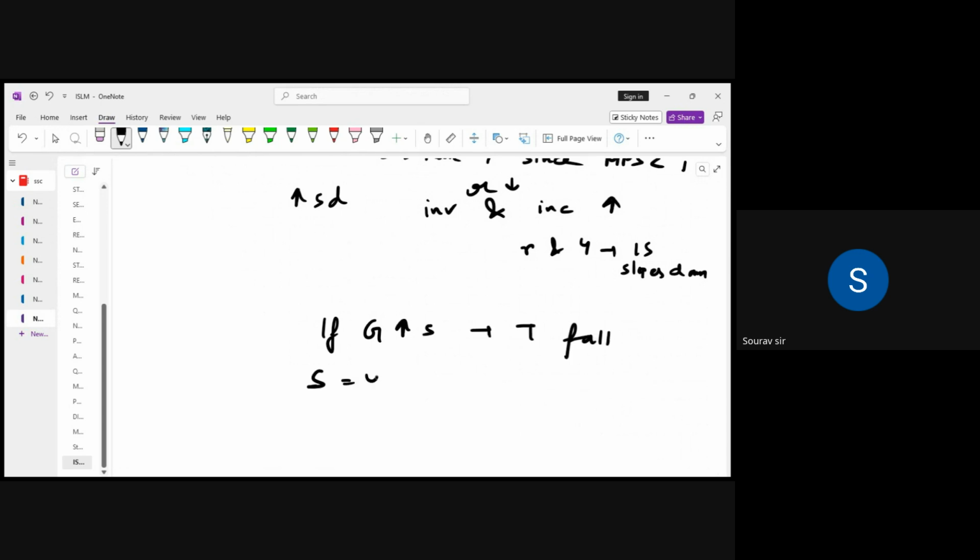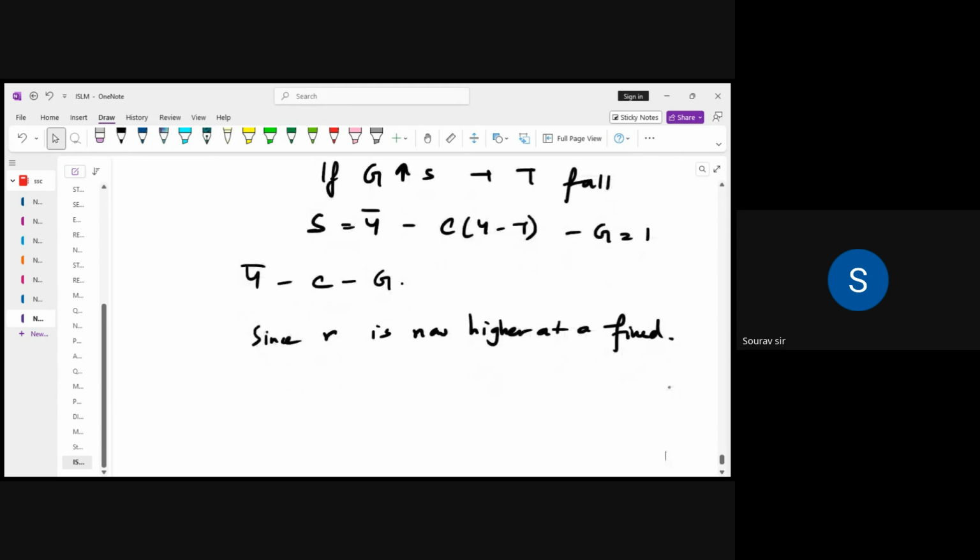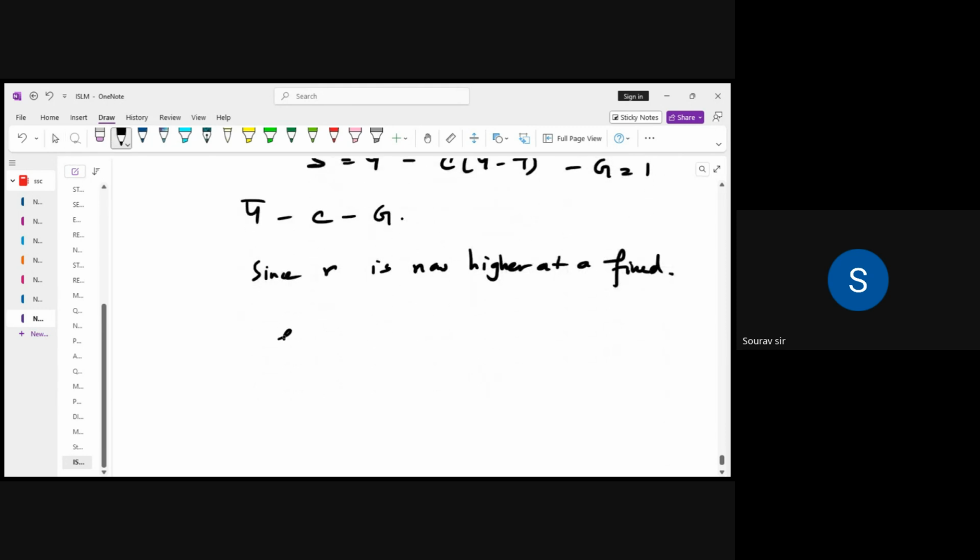So S will be Y bar minus C of (Y minus T) minus G, which will equal I. A cut in T will increase C and reduce Y bar minus C minus G. This consequent fall in the supply of loanable funds raises R and equilibrates the market for loanable funds. Since R is now higher at a fixed level of Y, the IS curve shifts upward in response to expansionary fiscal policy.